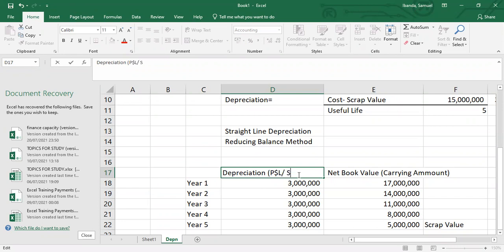Or it is also called the statement of comprehensive income.